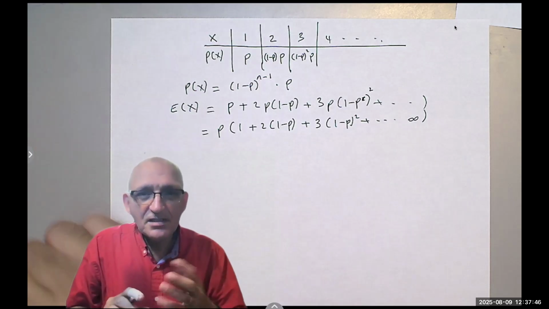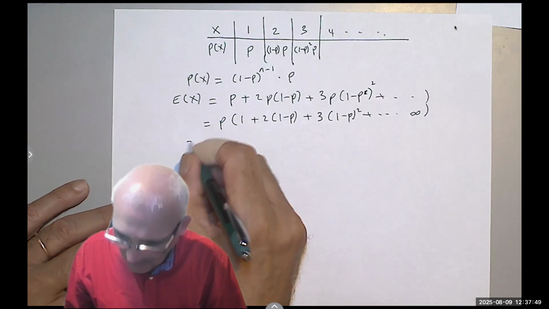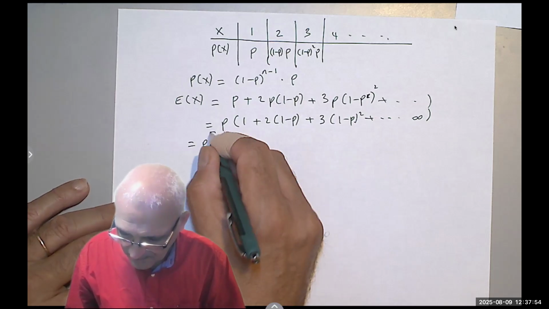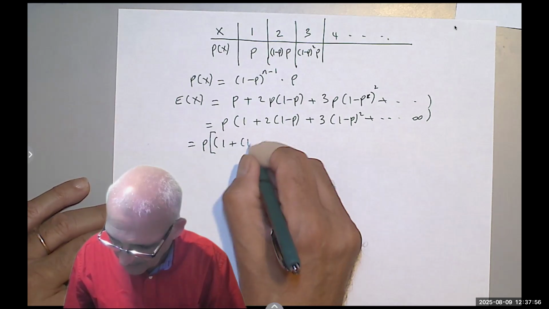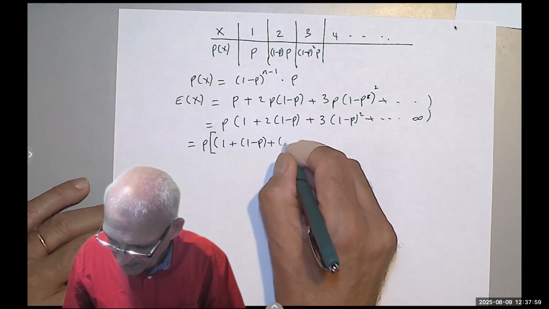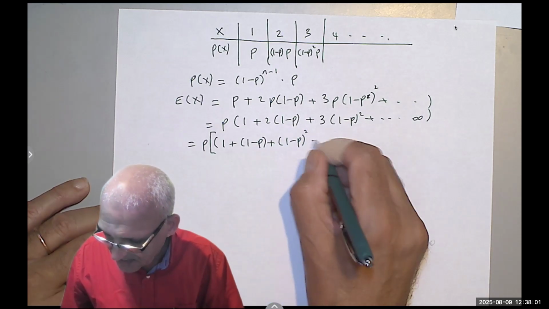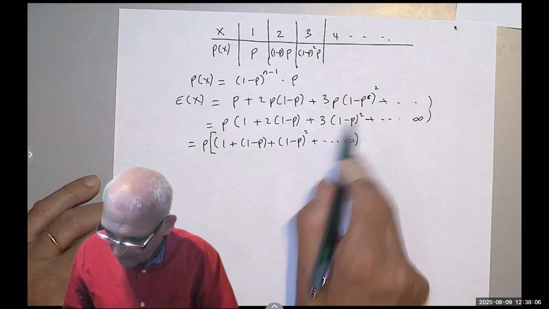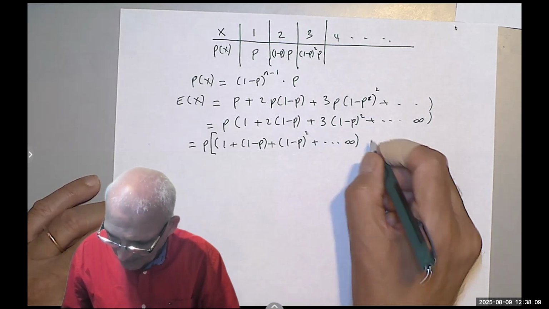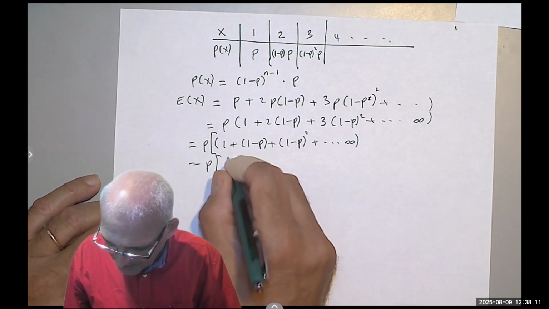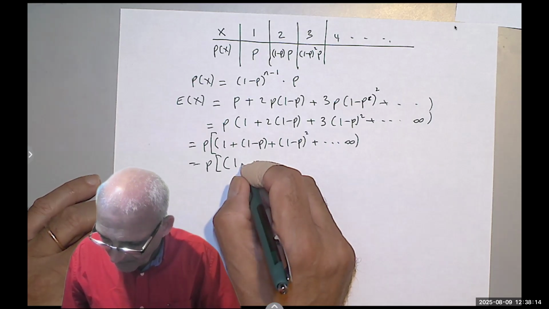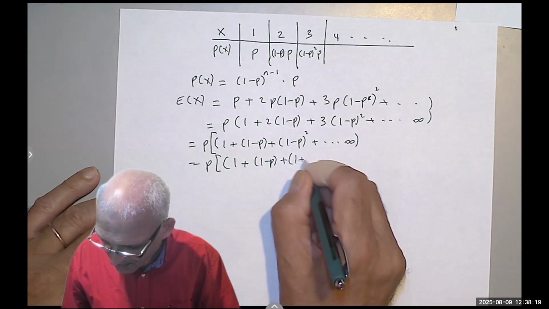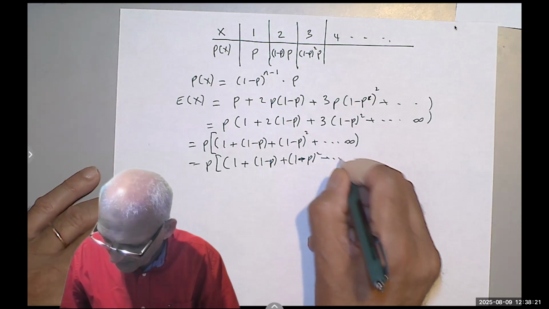I'm going to do it in a very weird manner. I mean, there are many ways to solve that, but I'm going to say it's p times 1 plus 1 minus p plus 1 minus p square plus till infinity. So I'm going to take one of those, one of those, one of the next. So that becomes p times 1 plus 1 minus p plus 1 minus p square plus till infinity.